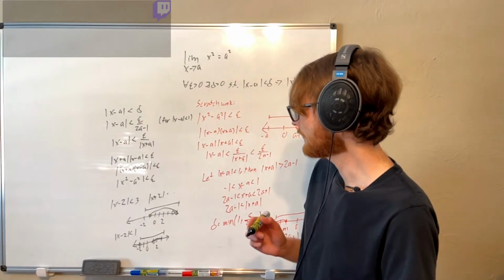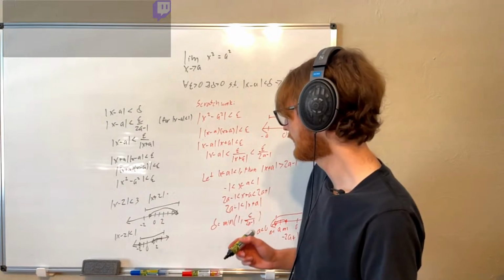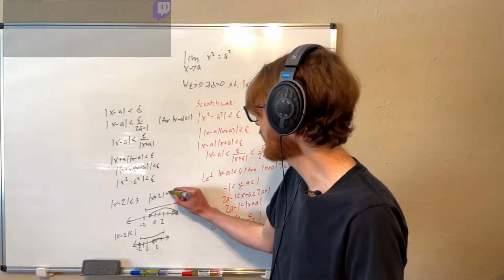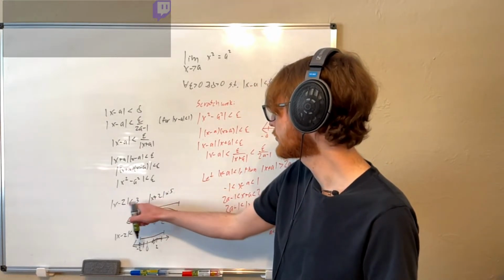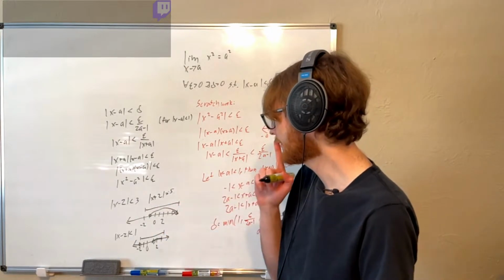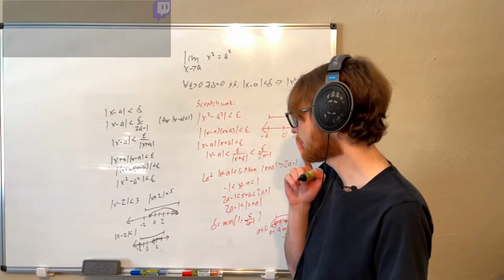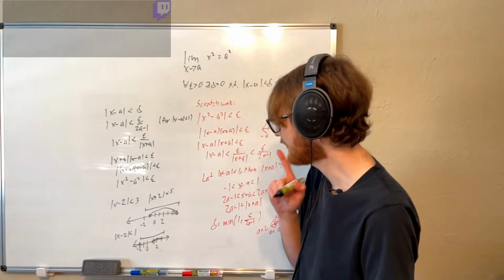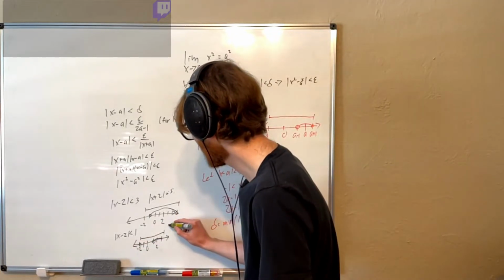Oh wait, no, we were saying x plus 2 is greater than 5, weren't we? Yeah, okay. This can only be true if x plus 2 is greater than 5, because we need to capture the entire thing or be beyond it. But wait, no. That was for the one below here.